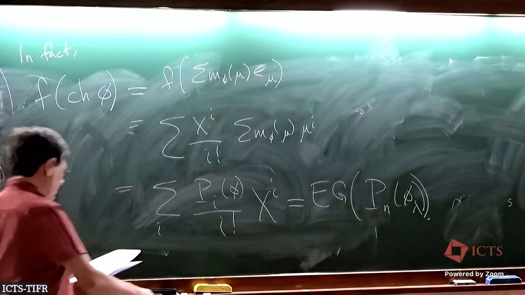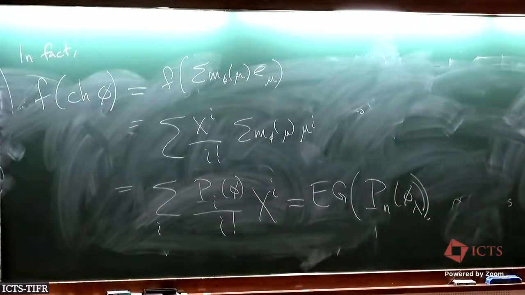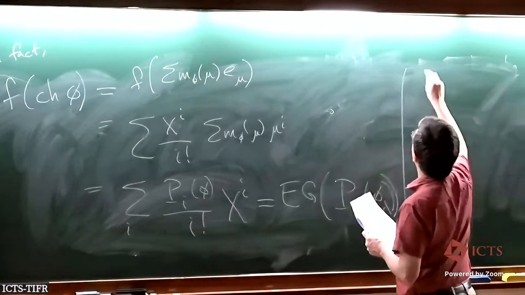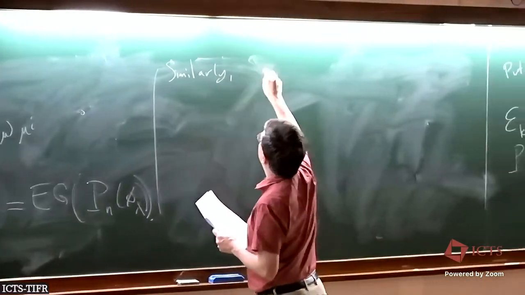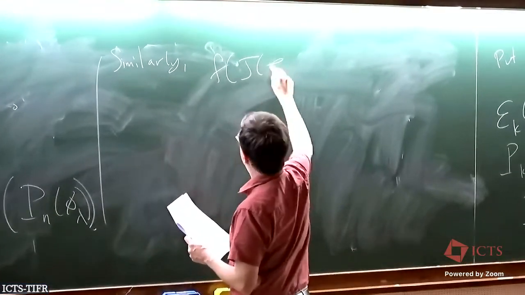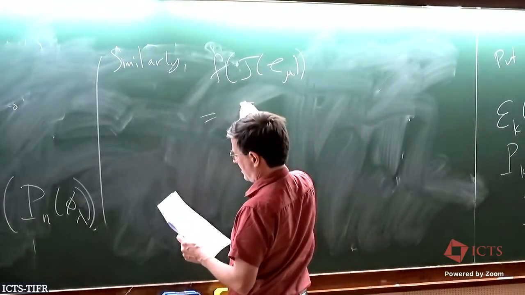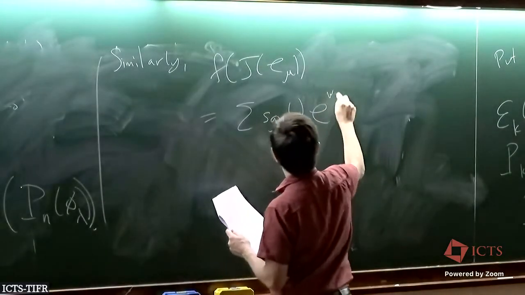All right, similarly, F of J of e^mu is the sum of sign of w times e^(w mu x).